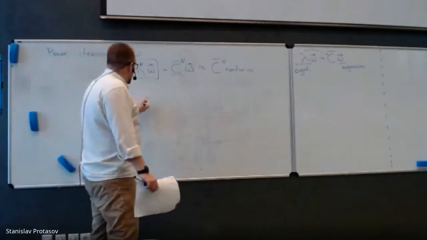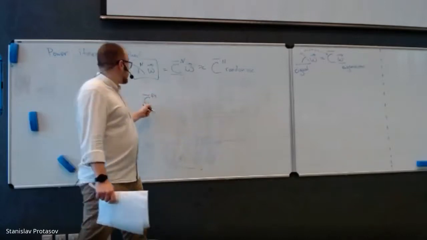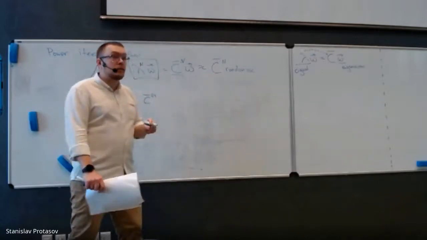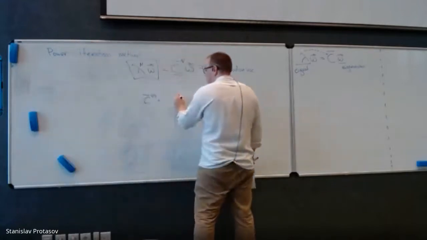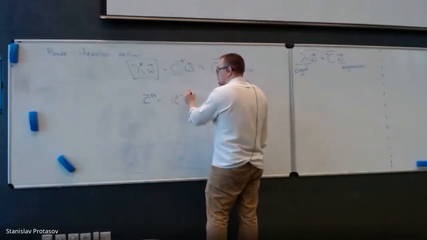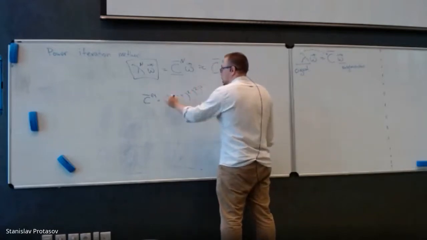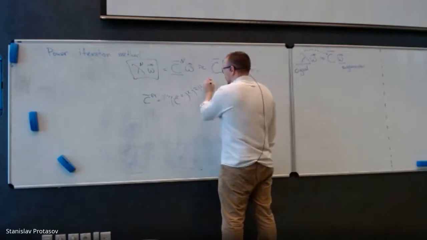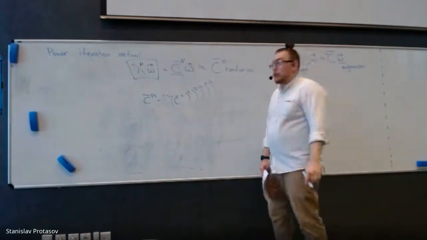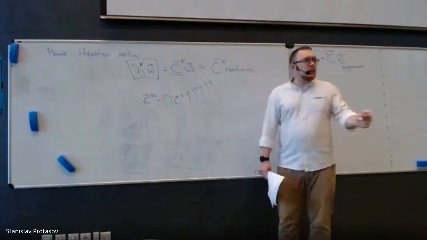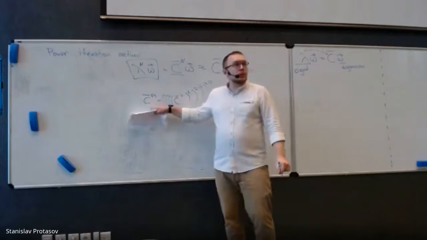If you compute C to the power 64 and multiply it by a random vector, you can write C squared, squared, squared, squared, squared, squared, six times. That means you need only 6 matrix multiplications to get this matrix.